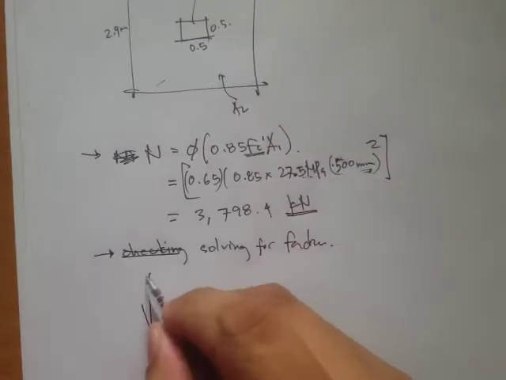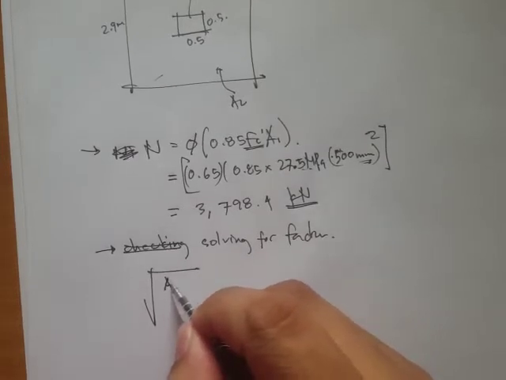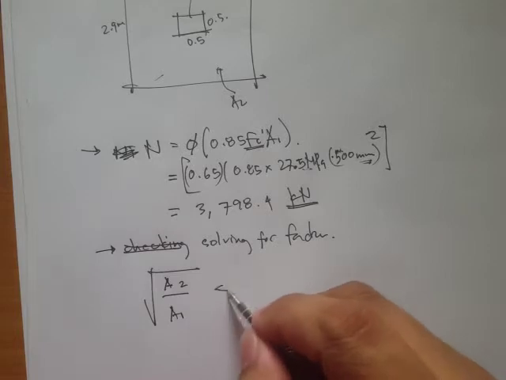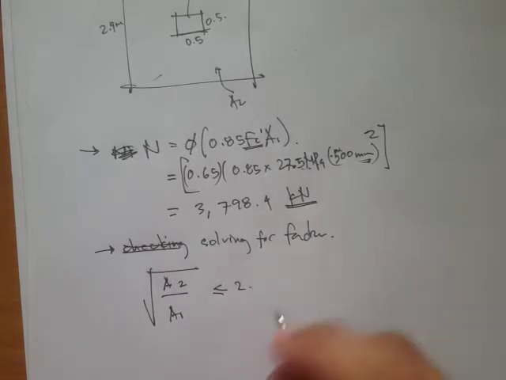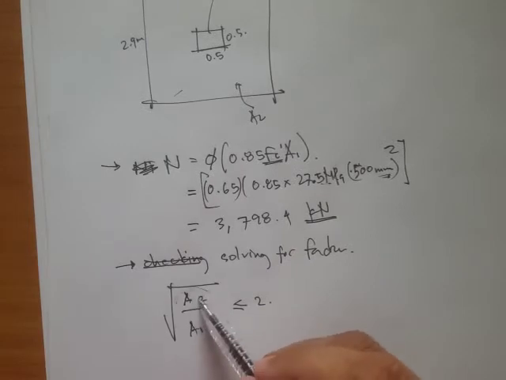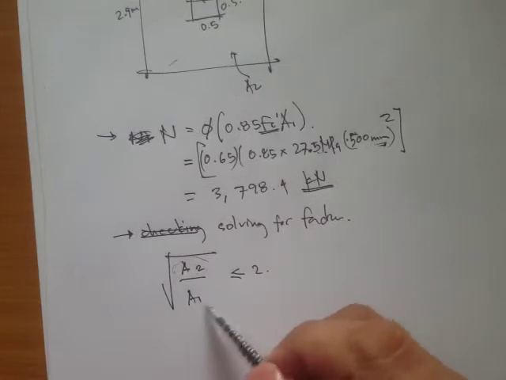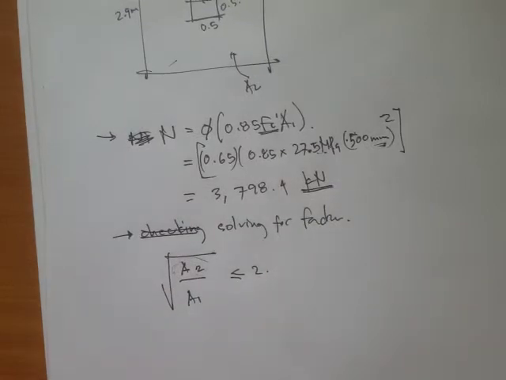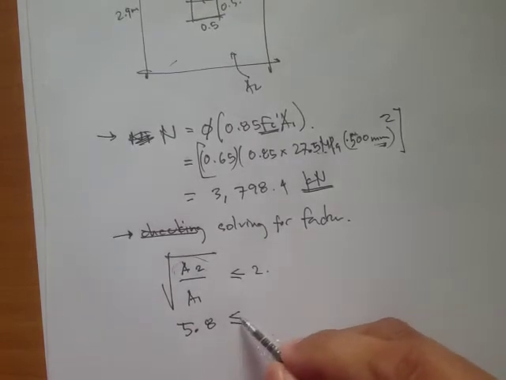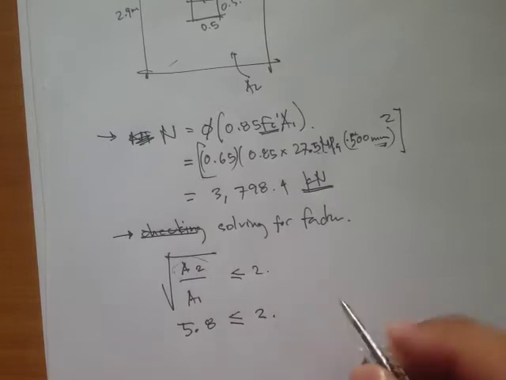Okay, so our condition is that A2 divided by A1 should be less than 2. If you substitute this 2900 times 2900 divided by this A1, what you get is 5.8, and that should be less than or equal to 2.